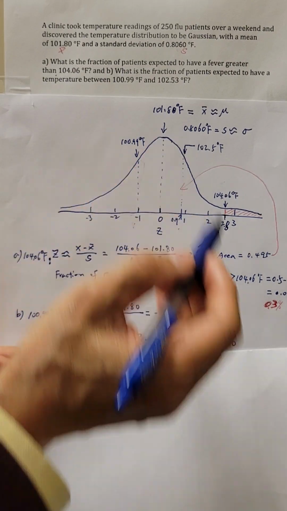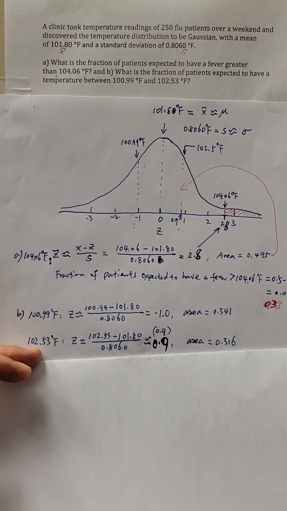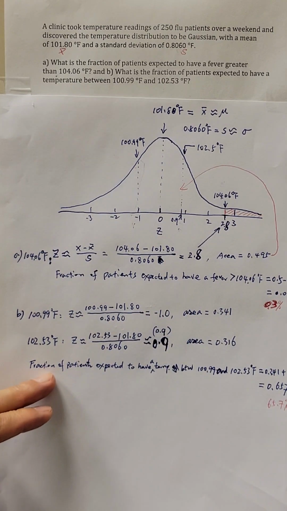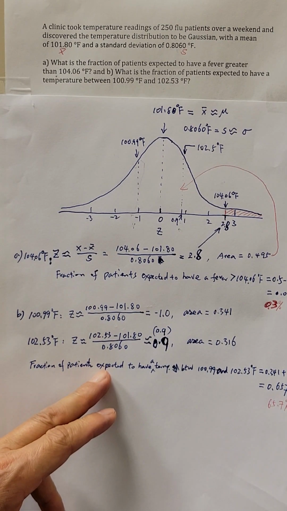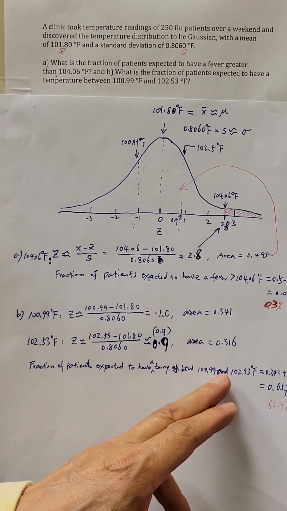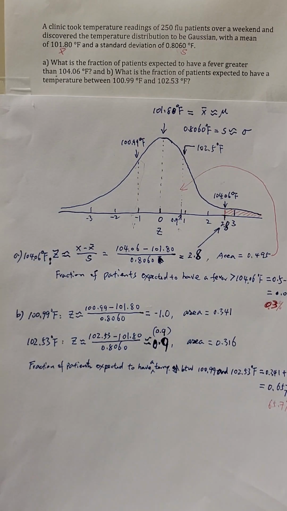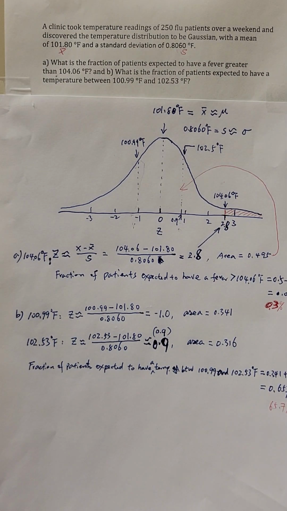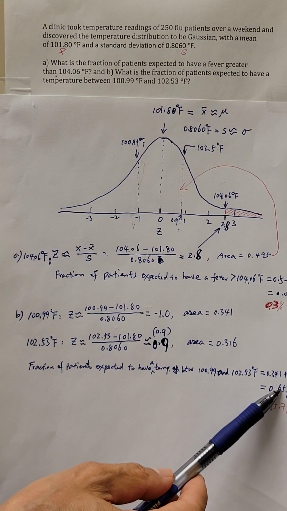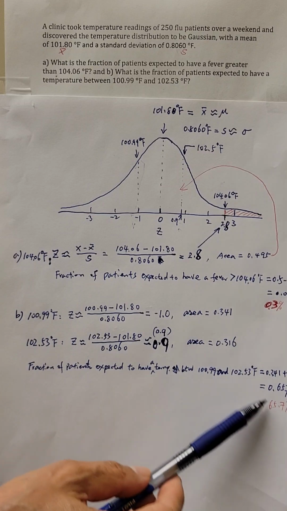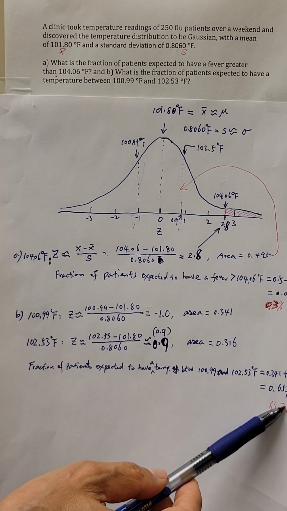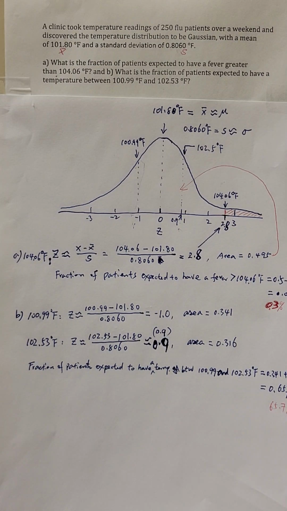Right-hand side, this part is 0.316. Then what do you do to answer this question? You perform addition. So the fraction of patients expected to have a temperature between 100.99 and 102.53 degrees F should be the sum of the two, and that's 0.657. If you convert that to percentage, that's 65.7%. That's how you solve problems like this.